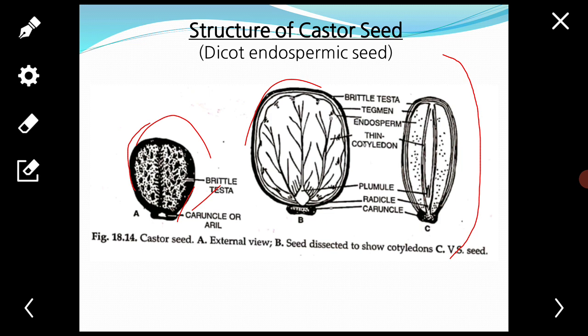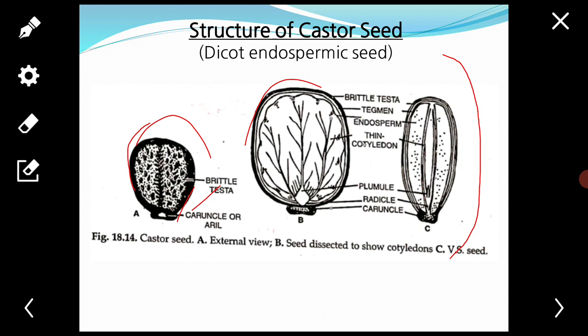Almost in the middle of the flat side of the seed, a narrow ridge-like raphe is present.